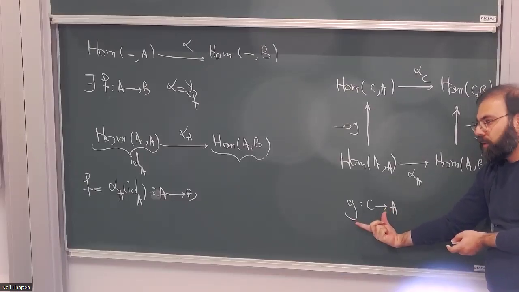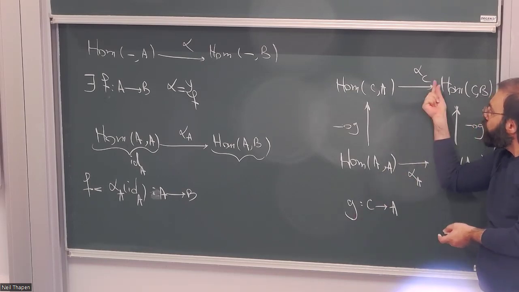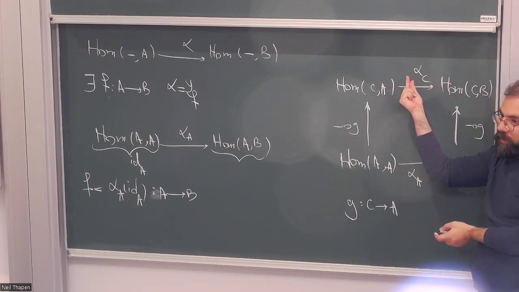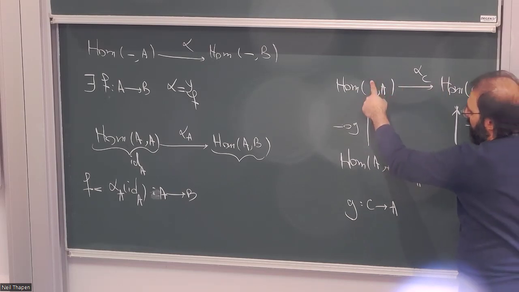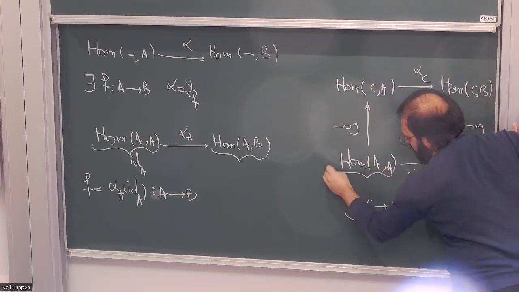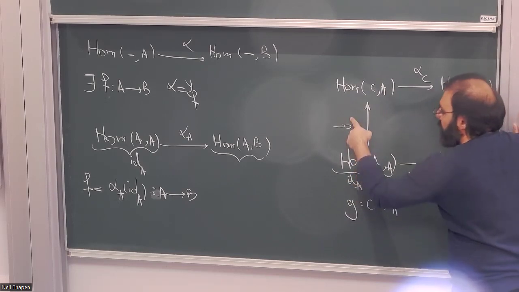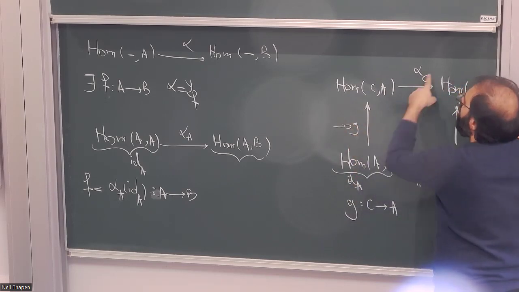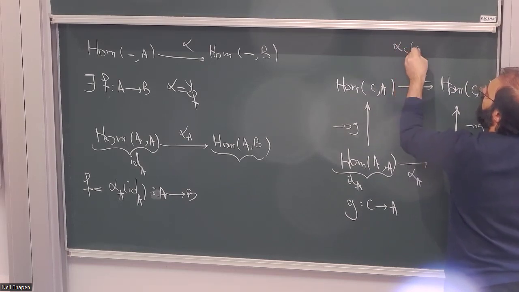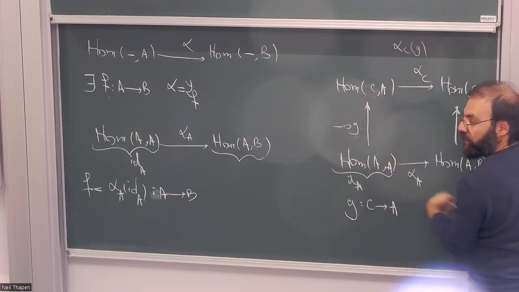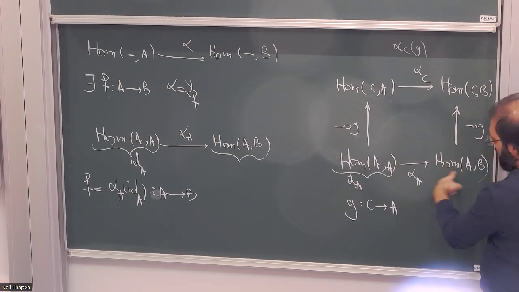And now you can see alpha C, really. Because alpha C composed with, say, you start with identity here. So identity composed with G is G. You have alpha C on some arbitrary G from C to A, which is this guy.